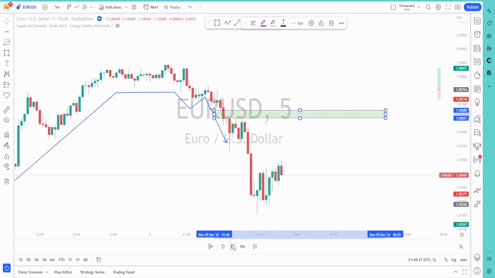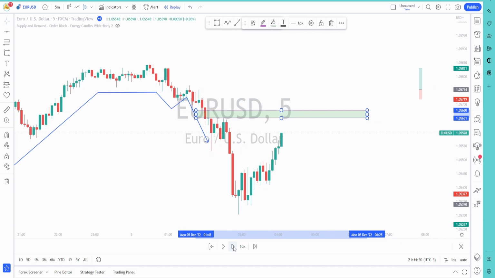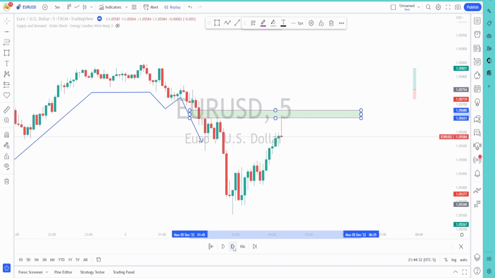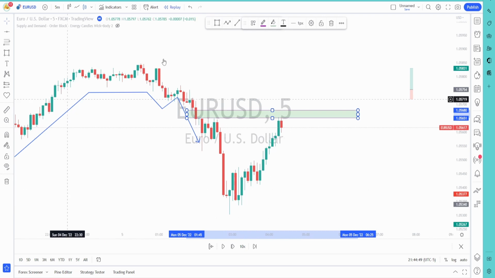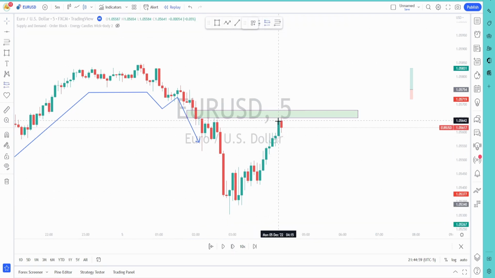And you can see price is now deciding to come back, and what you're doing is looking for the best time to get in on the trade. And at this point, this is where your opportunity is. So what you would be doing is getting in on the close of the candle.